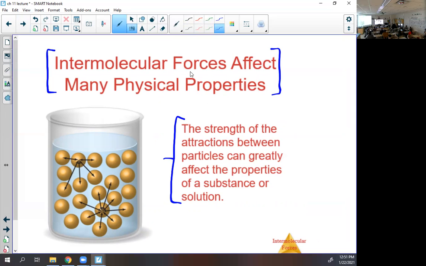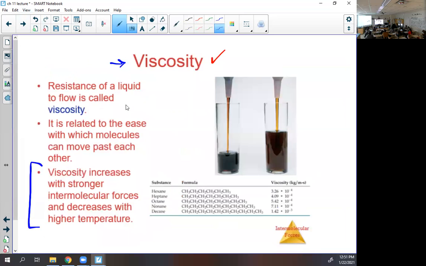Intermolecular forces affect many physical properties. So we know about them, but we definitely need to know this. The strength of the attraction between particles can greatly affect the properties of a substance or a solution. For example, it will affect viscosity, which we don't really worry about that much in chemistry, but it's how well it pours. Resistance of a liquid to flow is called viscosity.